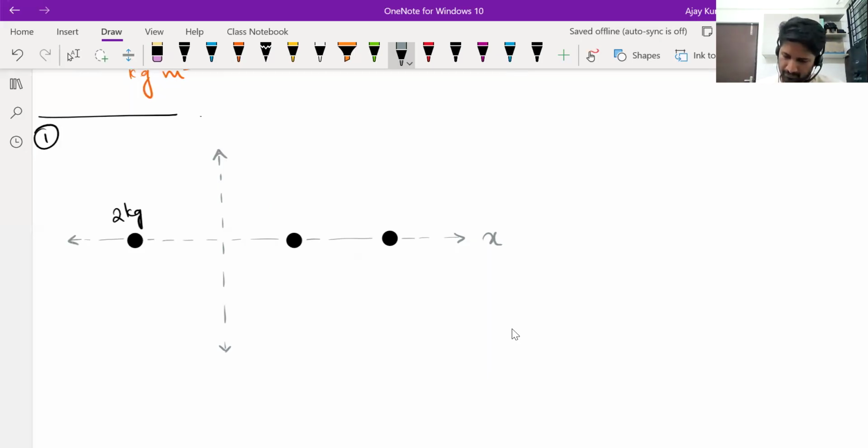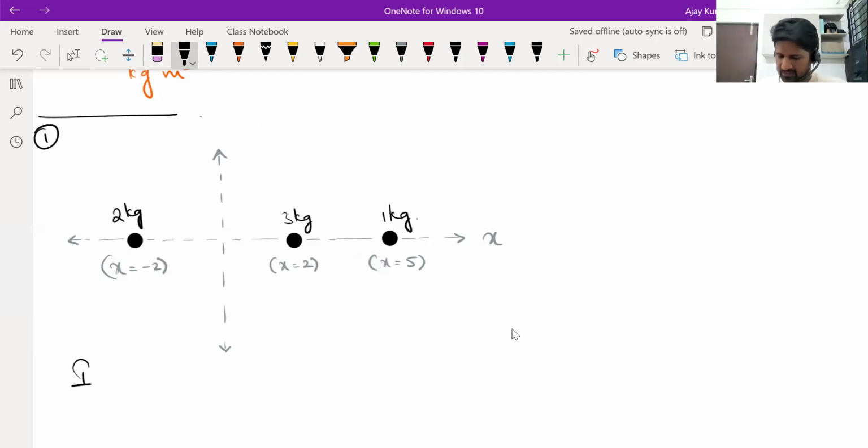Let's say this one is at x equal to -2, this is at x equal to 2, and this is at x equal to 5 meters. All these are in meters. The mass of the first is 2 kg, take this as 3 kg, and the last one, take it as 1 kg. Calculate the total moment of inertia of this system.